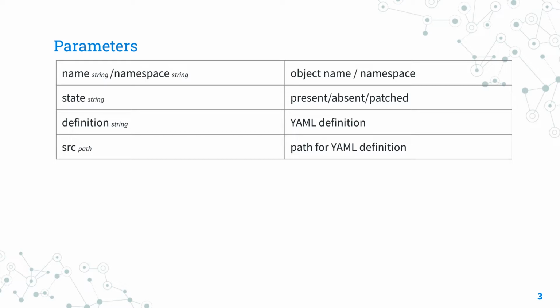The name and namespace specify object name and/or object namespace project. They are useful to create, delete, or discover an object without providing a full resource definition. The API version parameter specifies the Kubernetes API version, default v1.